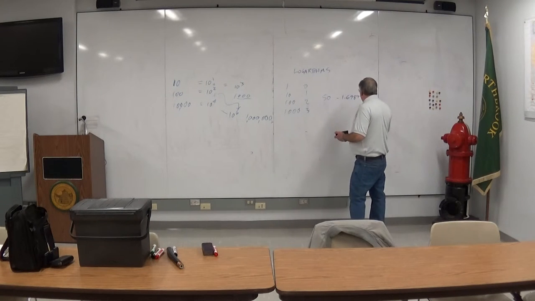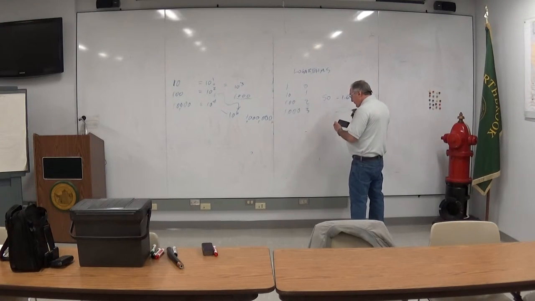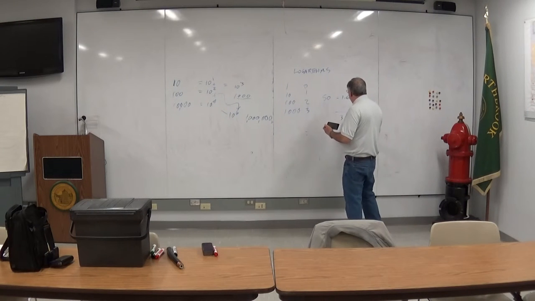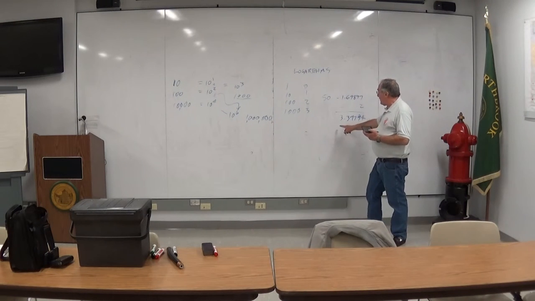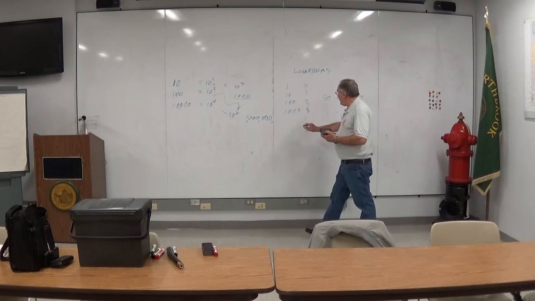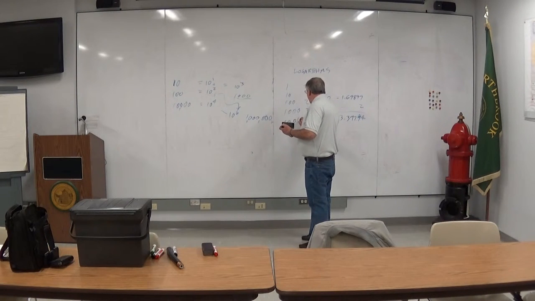Let's try something here. Let's multiply this by 2. Okay, so it's 3.39794. Let's take the anti-log. Let's go up one step further.